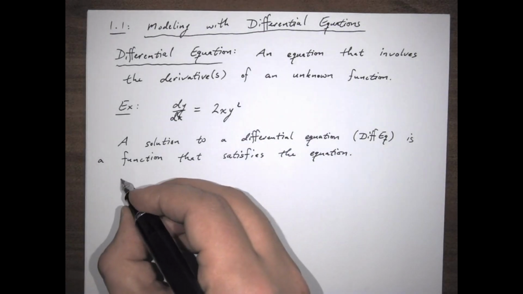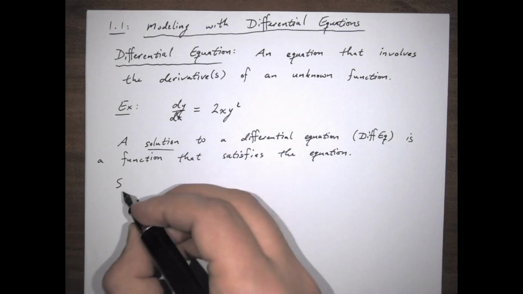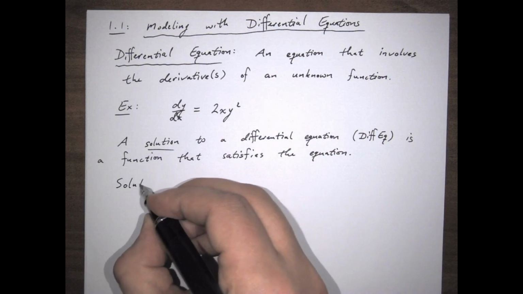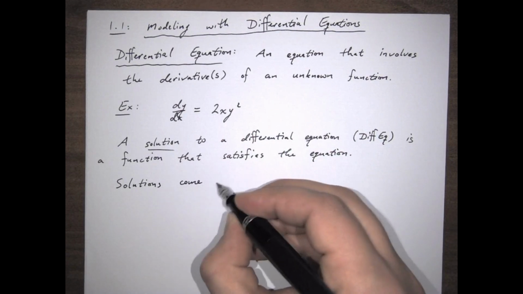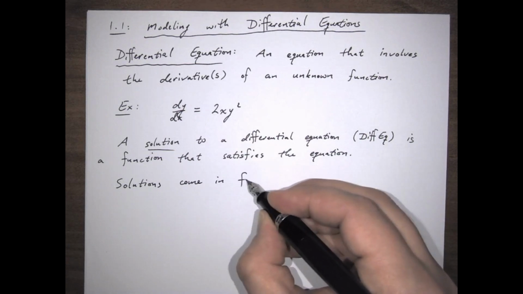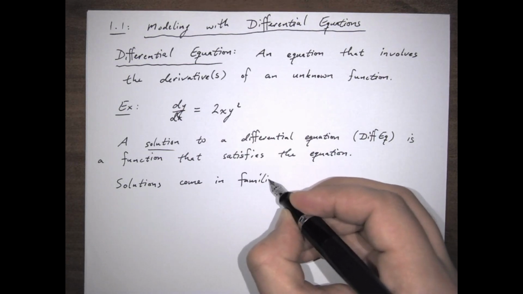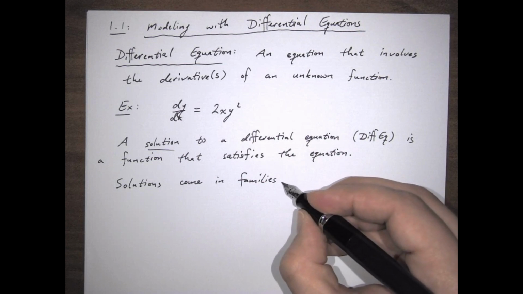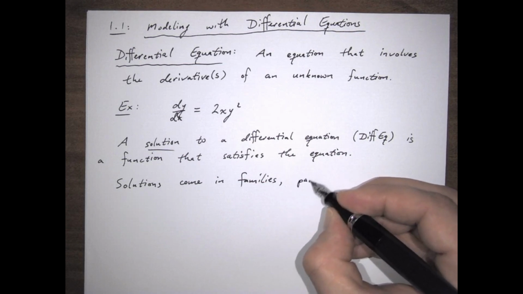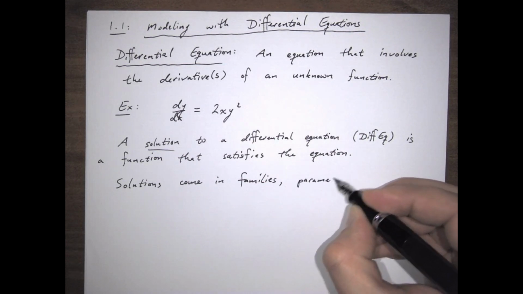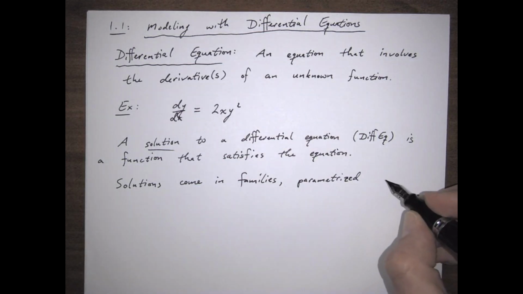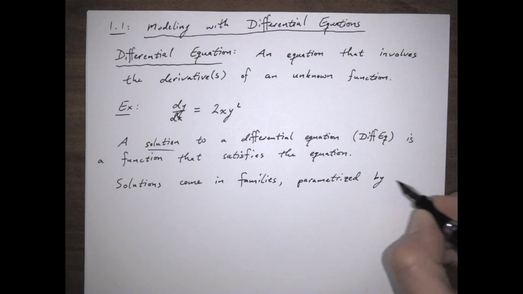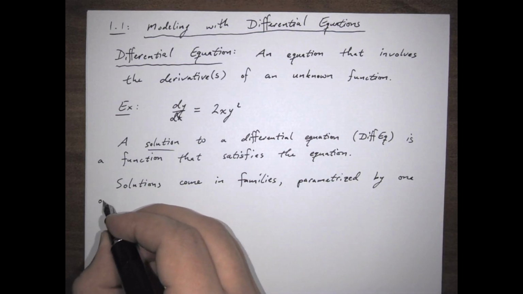So solutions come in families parameterized by one or more constants.